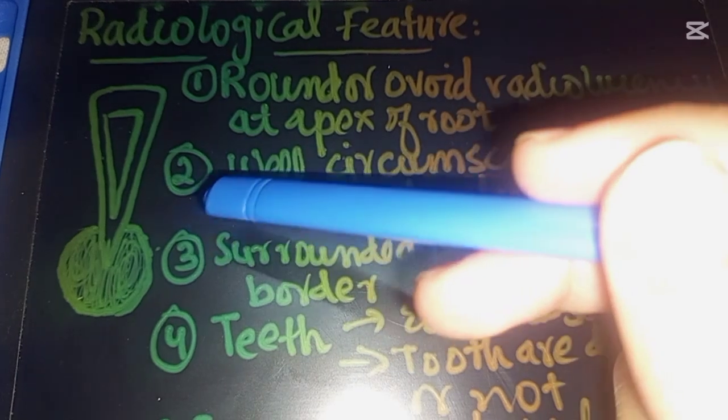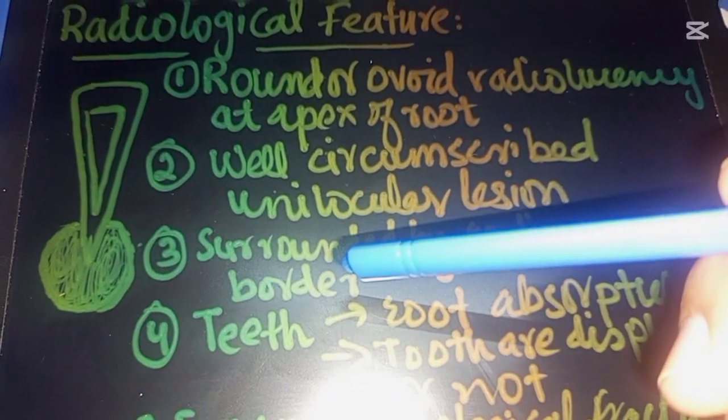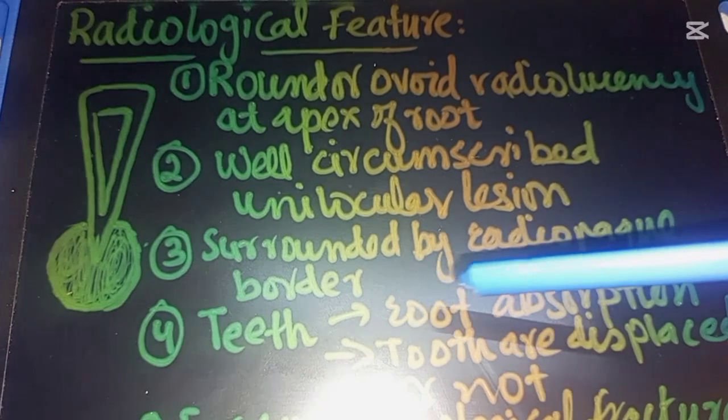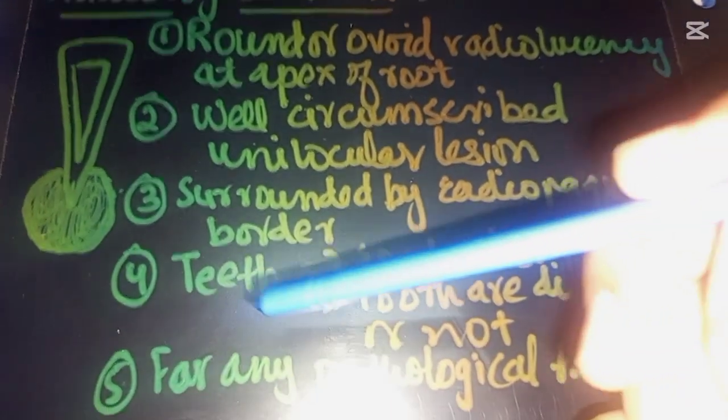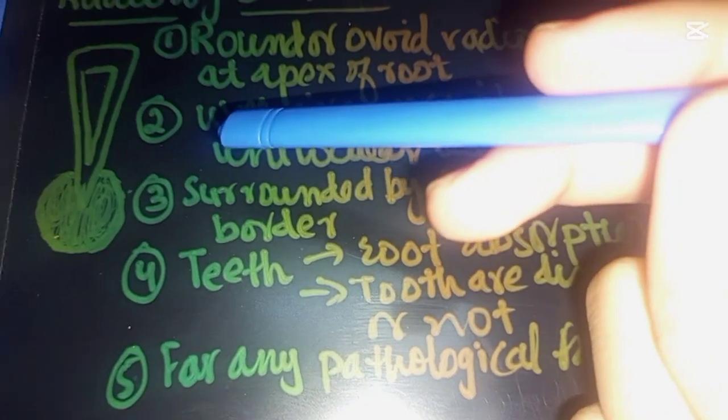Okay, then you will see the teeth. The adjacent teeth either have root resorption, or the teeth are displaced or not. Then you will see whether any pathological fracture is present or not.